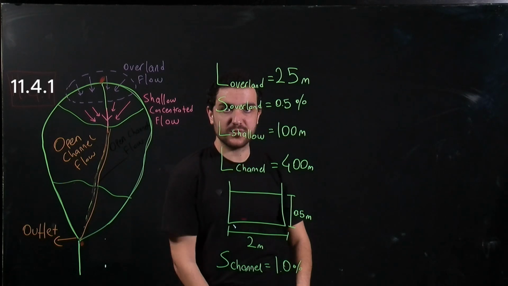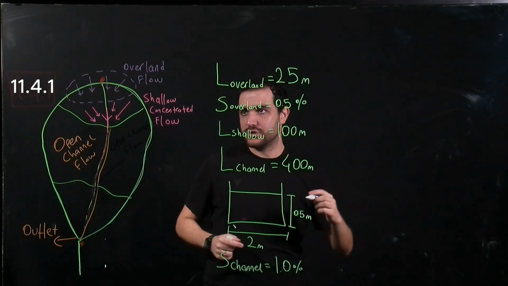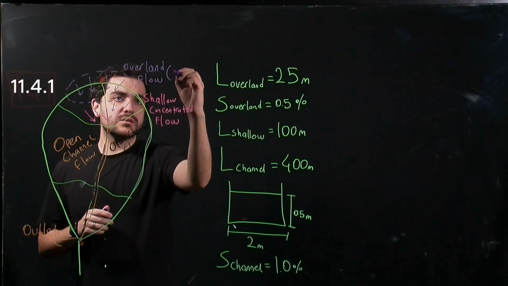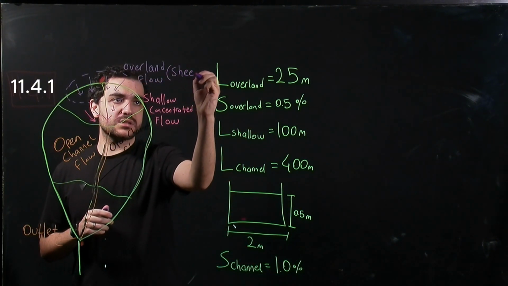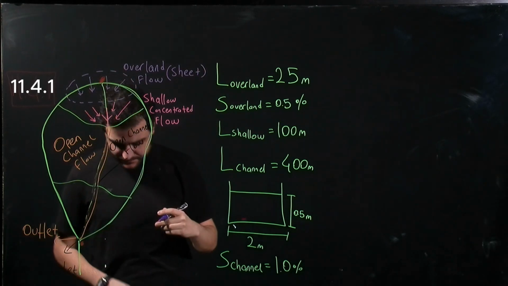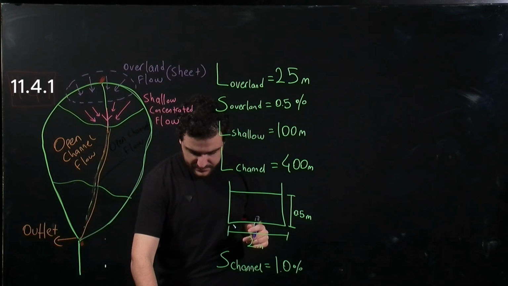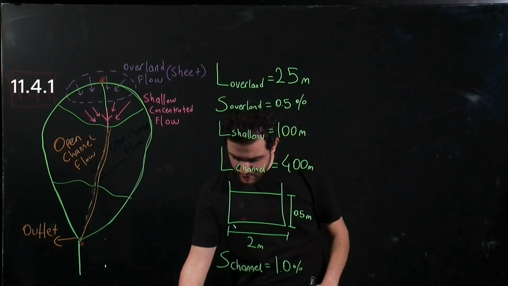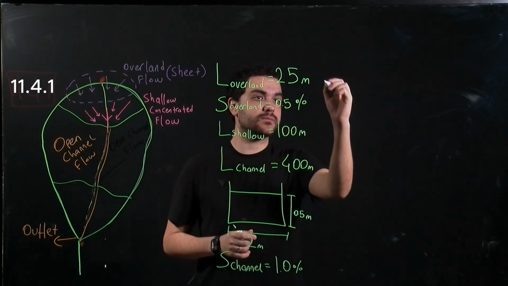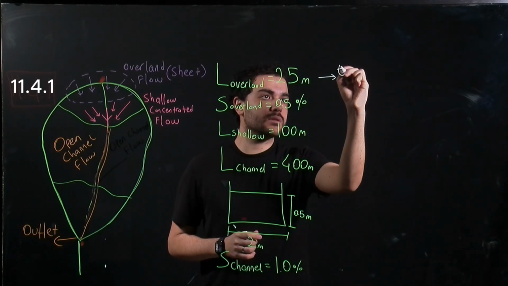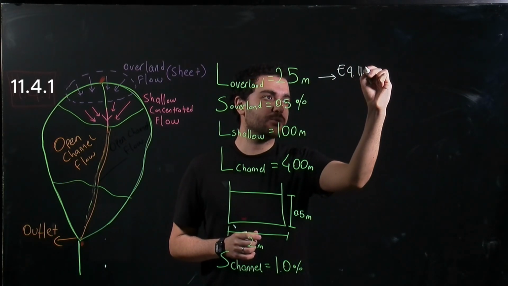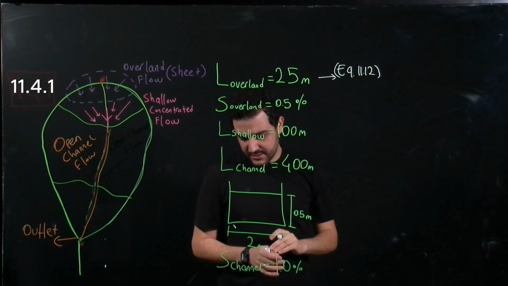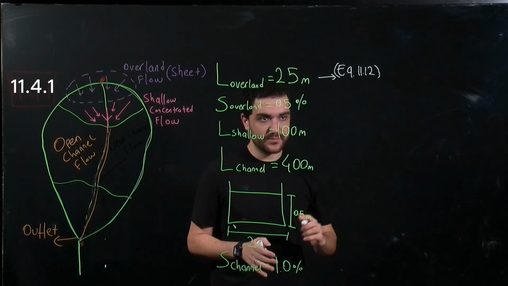So let's get started with sheet or overland flow. And actually let me write that. When we say sheet flow, it is usually overland flow. So from equation 11.12, you will see the equation for the sheet flow segment.